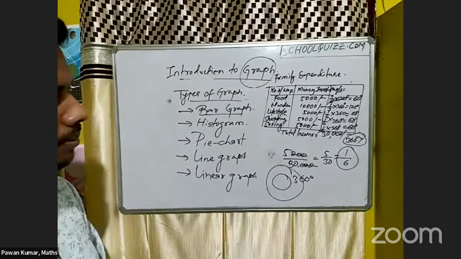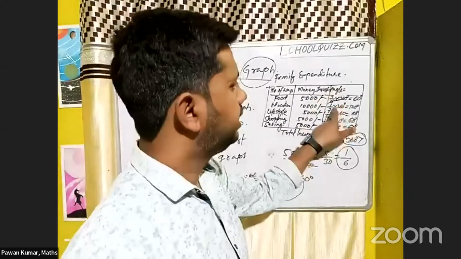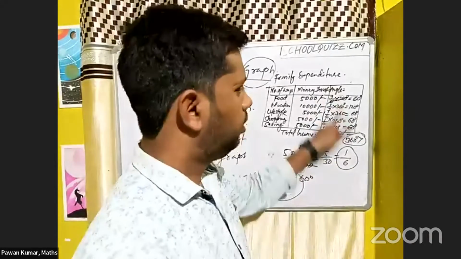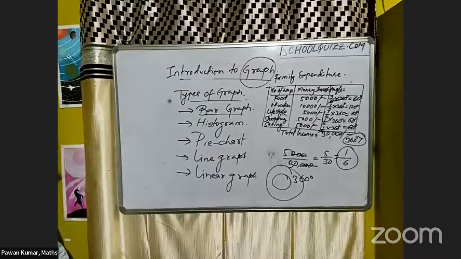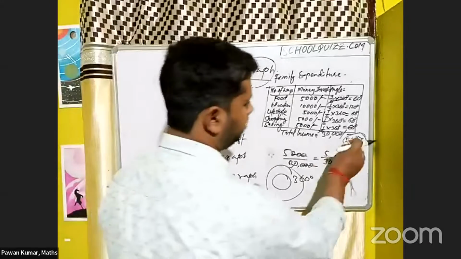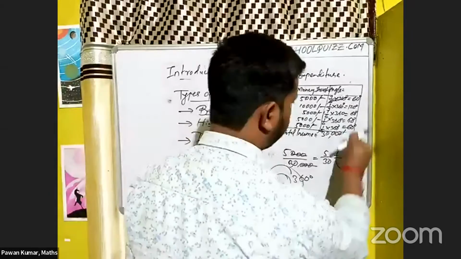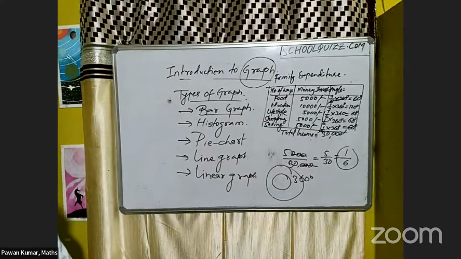Why? Because you are calculating those angles in terms of 360 only, so how can the total be more than 360? Understand that point. Make sure the angles add up to 360 degrees. Correct. So now just prepare the graph.